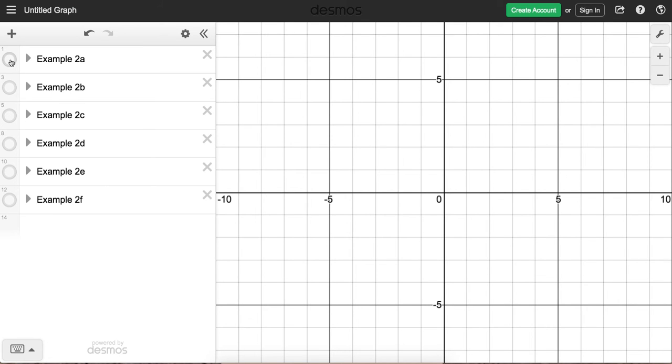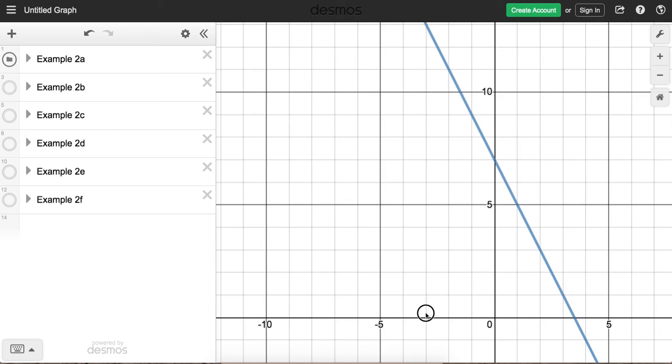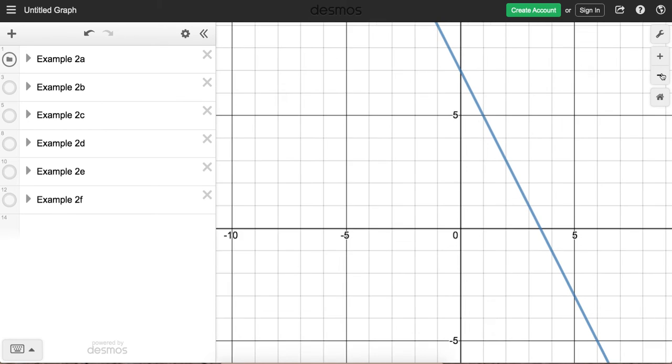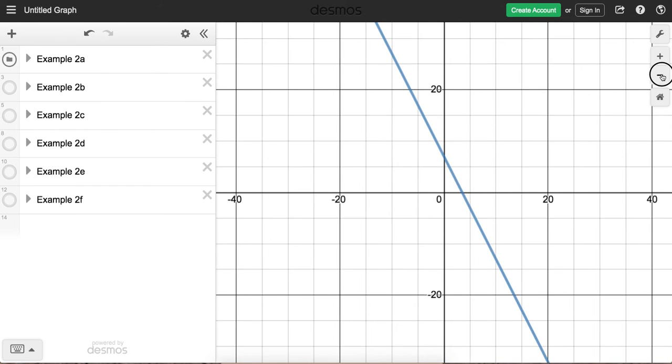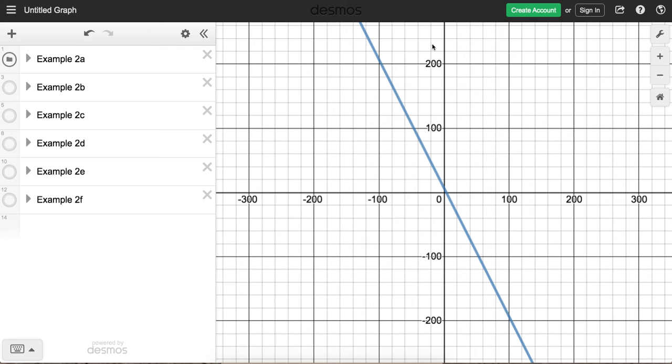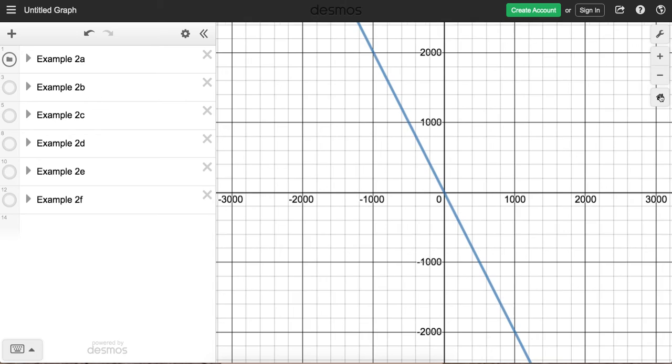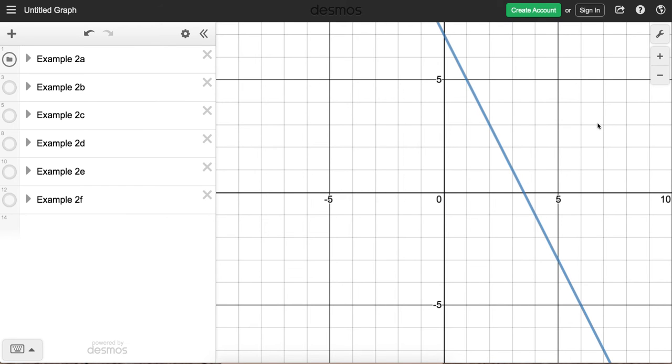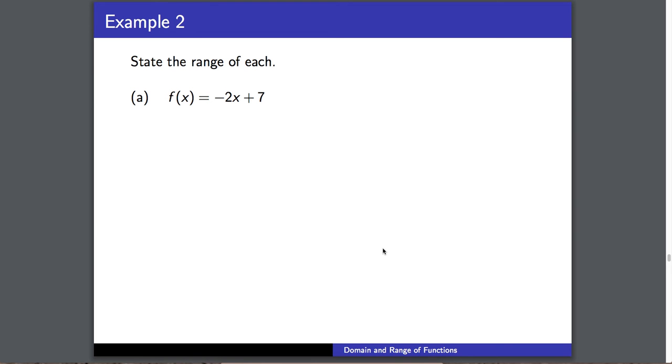That doesn't automatically make the range all real numbers, but if we take a look at the graph of our function and zoom out, we notice that all the possible y values that we can think of will be somewhere on this graph. So as far as what kind of numbers we can get in return for f of x equals negative 2x plus 7, we get any number we want in return. So our range is all real numbers.